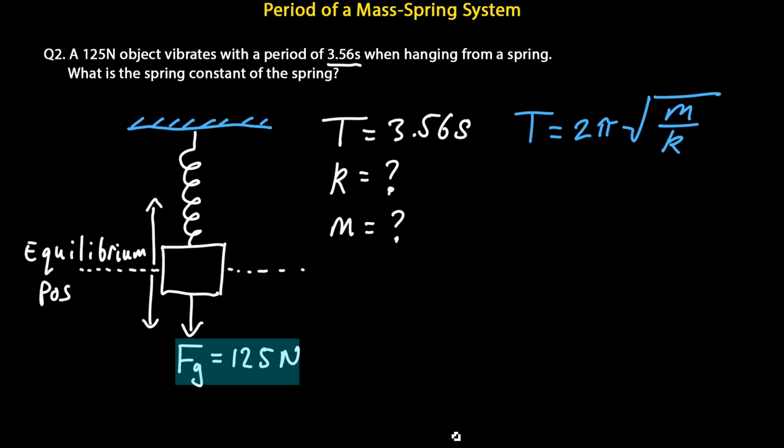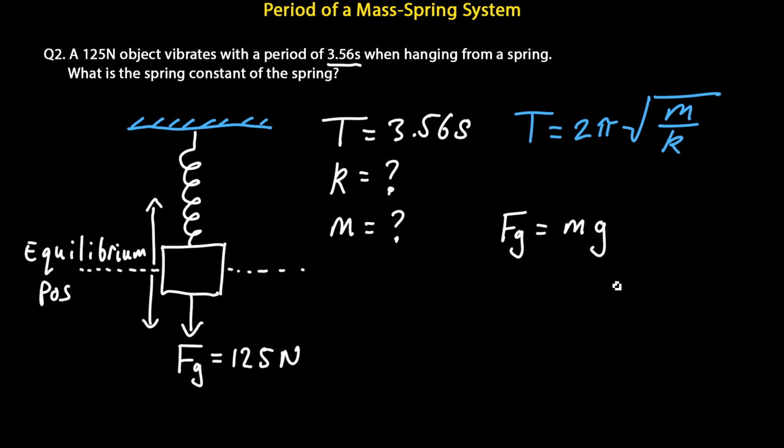Well, our question says that our object has a gravitational force of 125 newtons. So what does this mean here? All masses experience a gravitational force within a gravitational field, and this gravitational force, Fg, depends on the mass of the object and the gravitational acceleration of whatever large object it happens to be placed on.